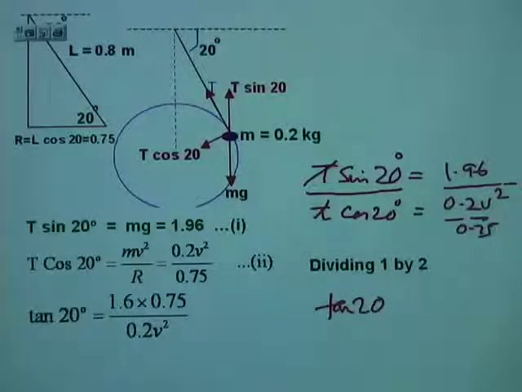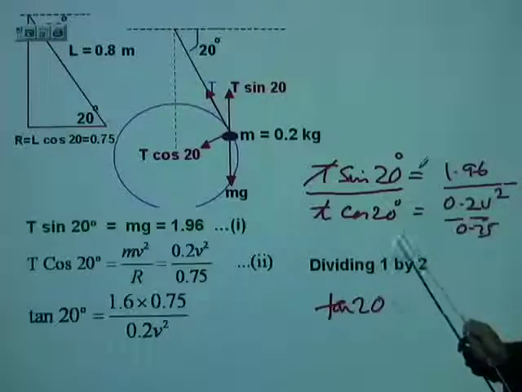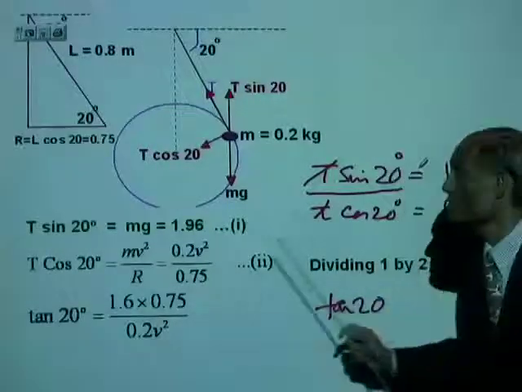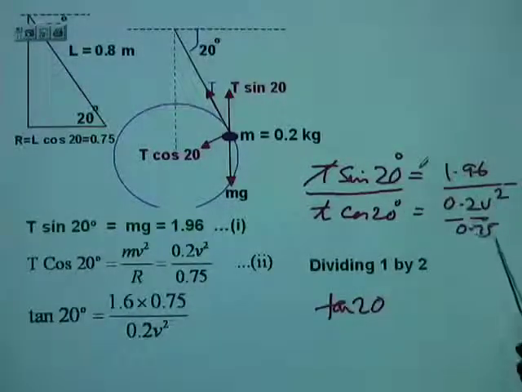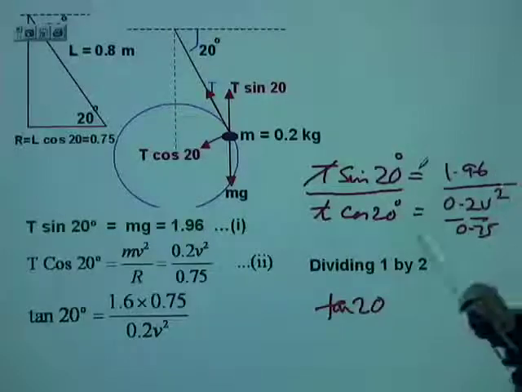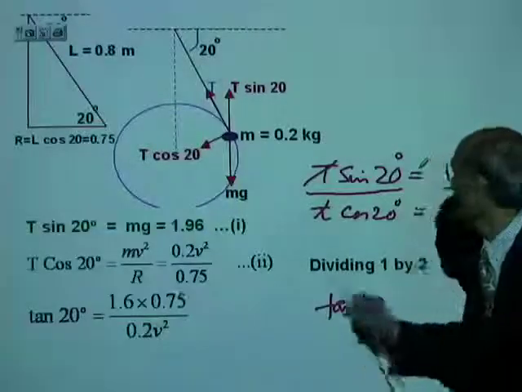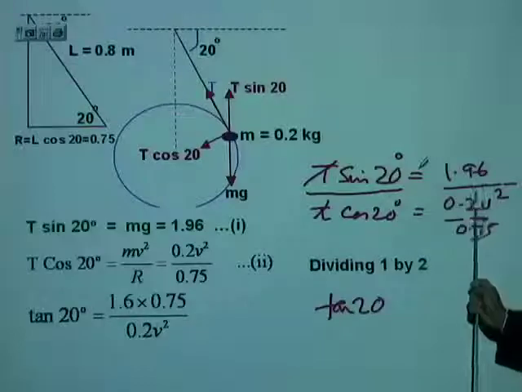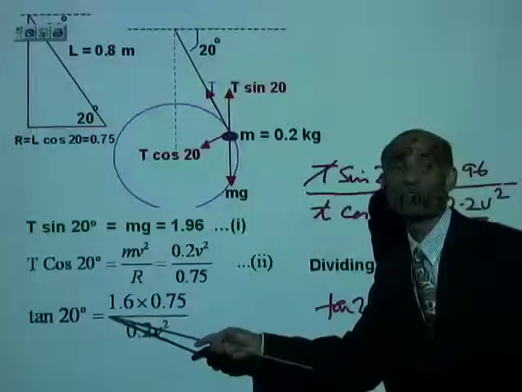And here, when you divide a number by a fraction, you know that this 0.75 will go up. That will be tan 20 equal to 1.96 multiplied by 0.75, and this will stay on the denominator. That's how we got this one.